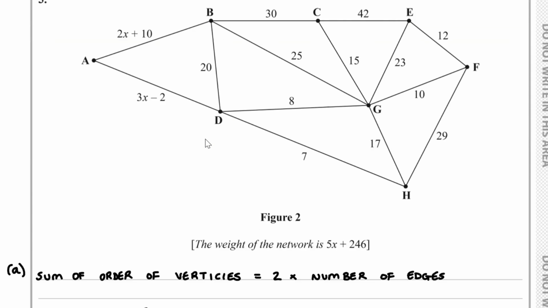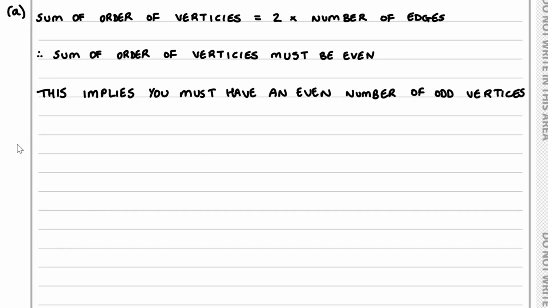So what this means then is, for part B, the 2x plus 10 is greater than the 3x minus 2, and what it also means is that the 2x plus 10 is greater than the 20.